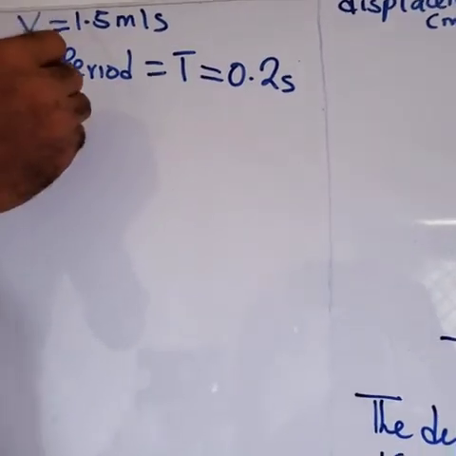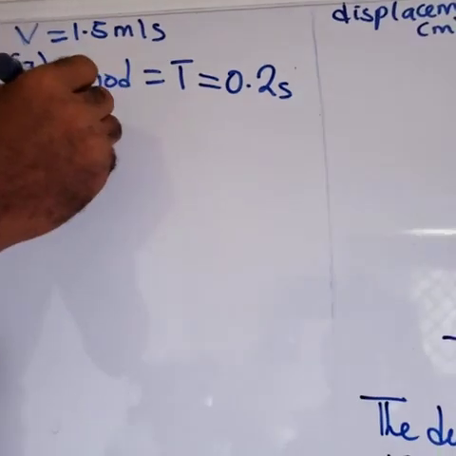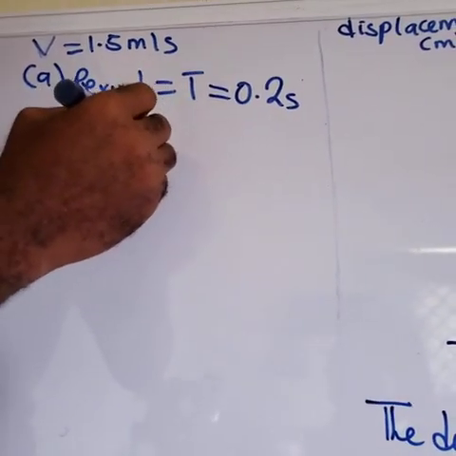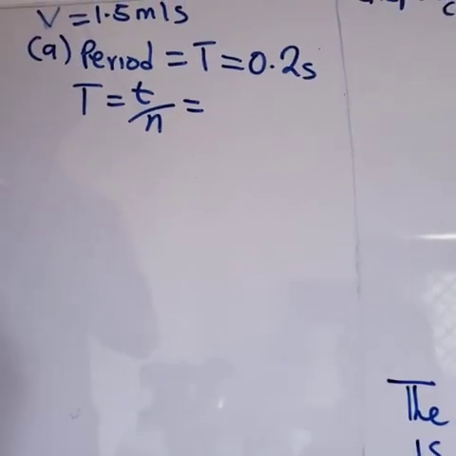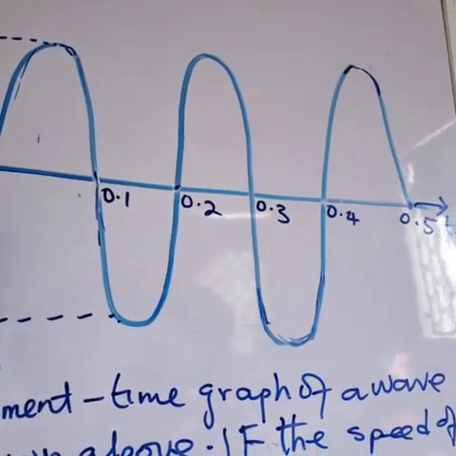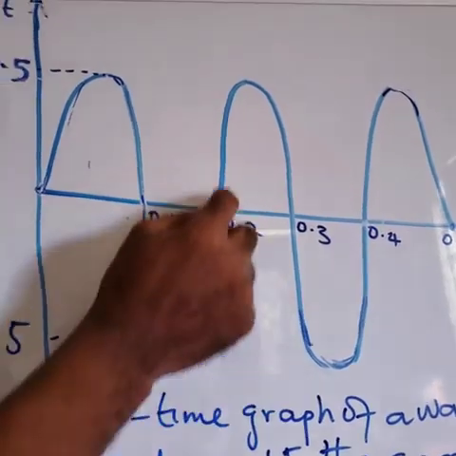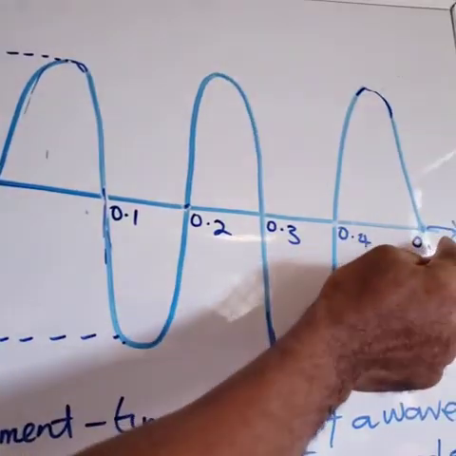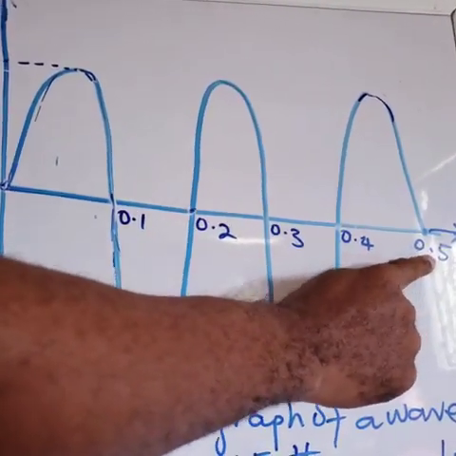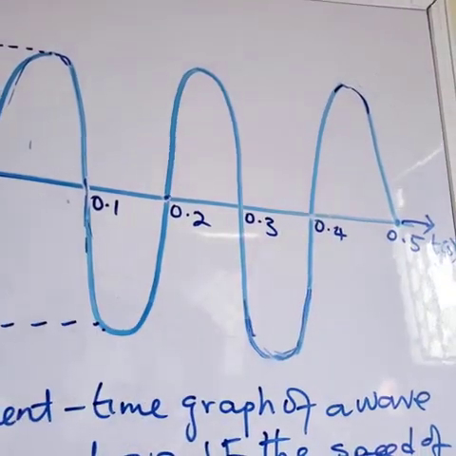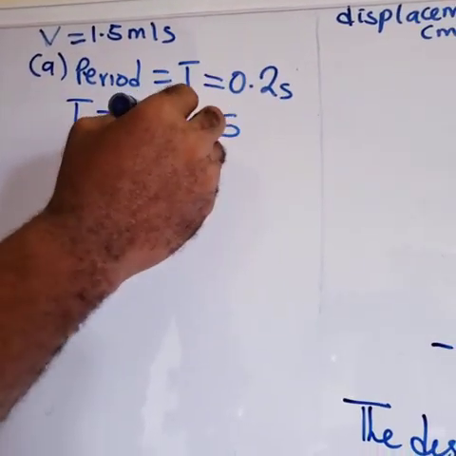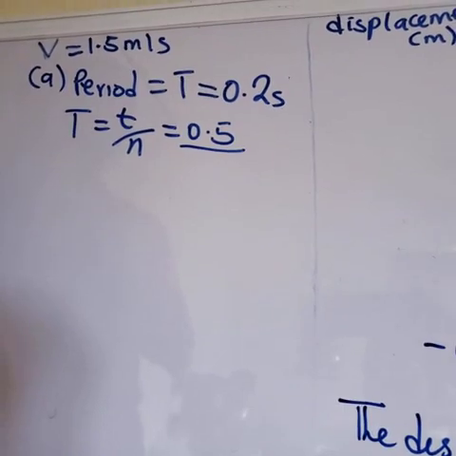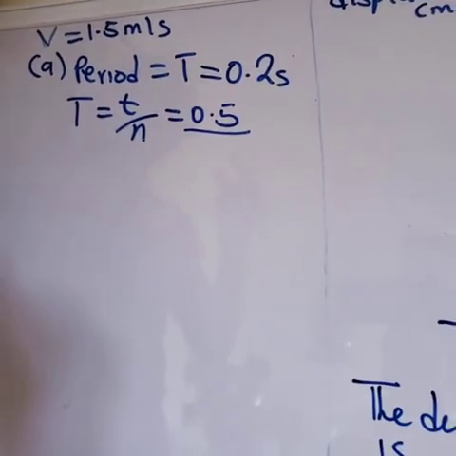Another method you can use is the formula that says period is the total time of the wave divided by the number of cycles made by the wave. How can you do this using this medium? Go to the graph again. The wave started from here, this way, and stopped here. What's the total time the wave spent traveling? 0.5 seconds, divided by the number of cycles made by the wave. How do you trace the number of cycles?